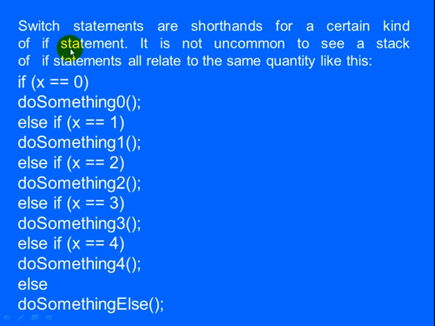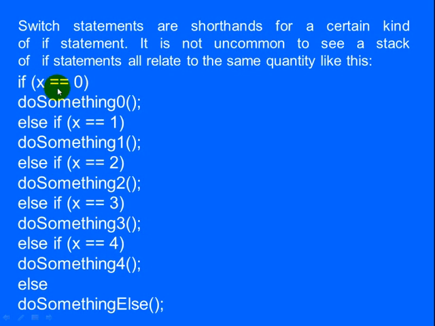So switch statements are shorthands for a certain kind of if statements. It is not uncommon to see a stack of if statements all related to the same quantity like this. We have taken an example here, and here we have used the if else if ladder.